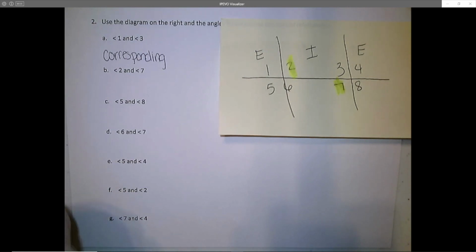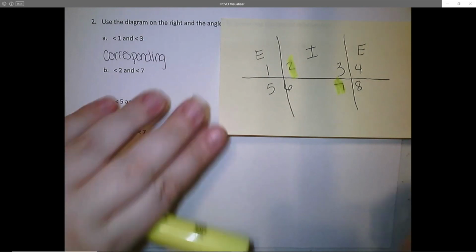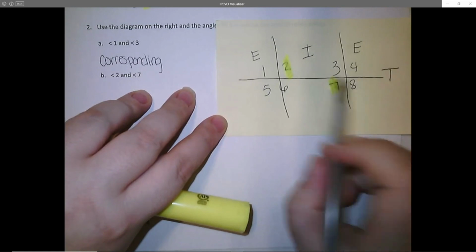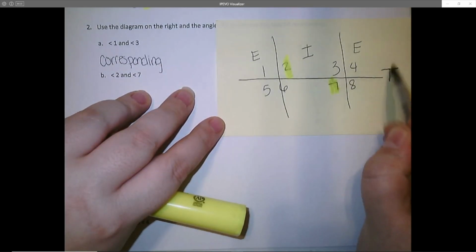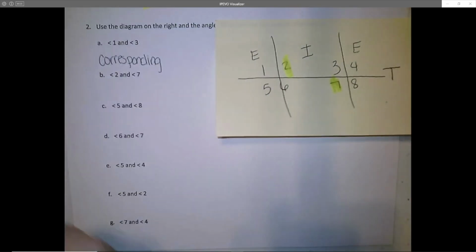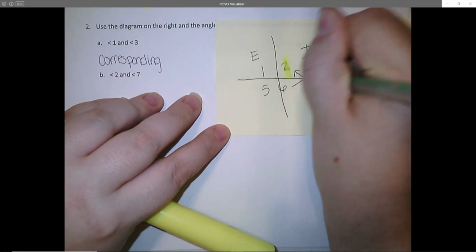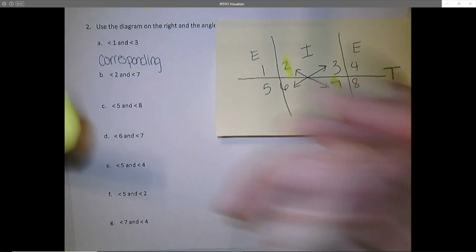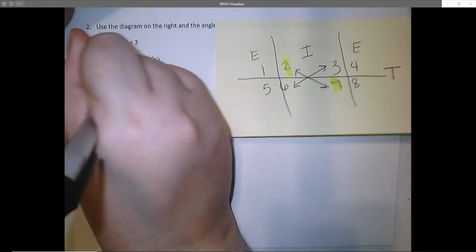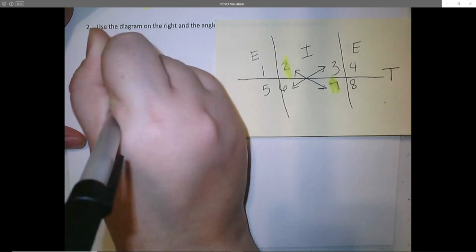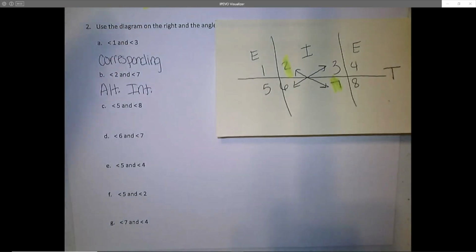The only interior ones we have are the consecutive or same side interior and the alternate interior. These are not on the same side of the transversal. 2 is above, but 7 is below. So they are not same side interior. These are alternate interior because if I were to draw an X, they connect.